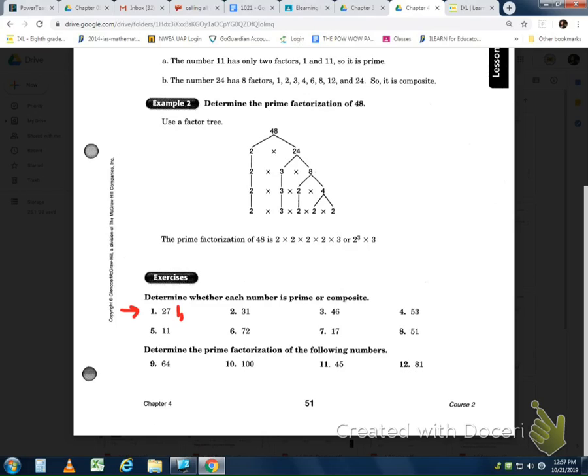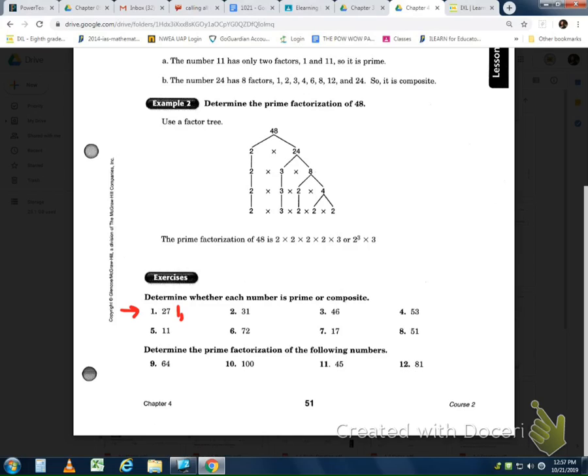Brandon, what's 4 times 6? If 4 times 6 is 24 and 4 times 7 is 28, does 4 go into 27 then? Nope.